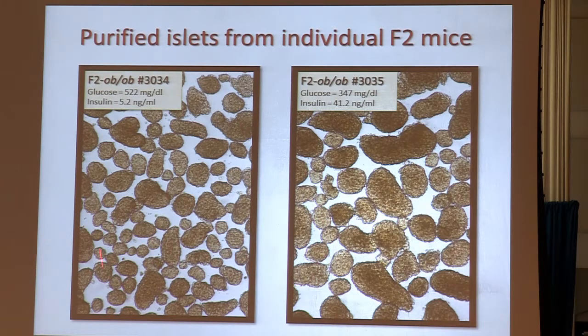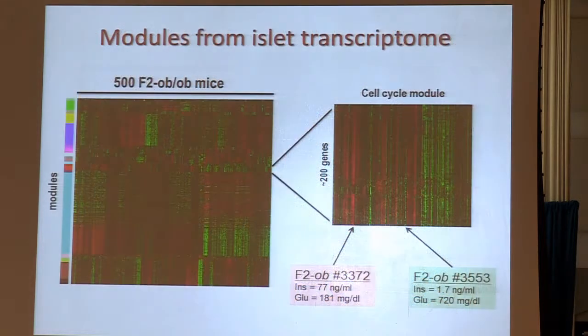When they're pale like this, they have much lower amount of insulin in them. And so somebody should say, well, mouse. We all know that working with mice, it's very noisy. These are islets from single mice. How do you know that that's really meaningful? And so we isolated islets from 500 mice and calculated modules. So here again now I'm showing modules. So these are the genes.